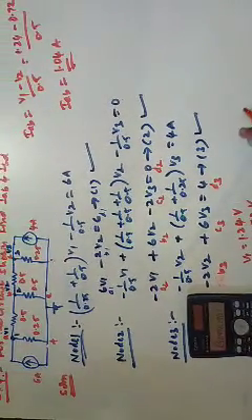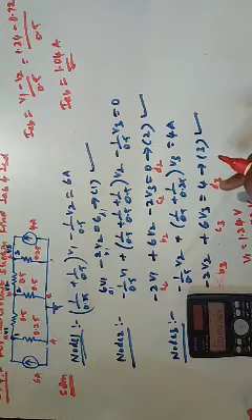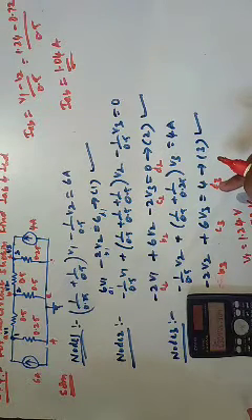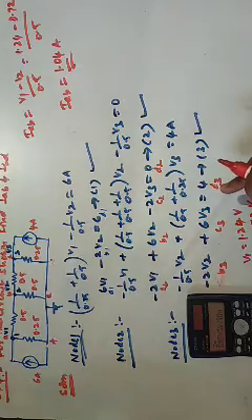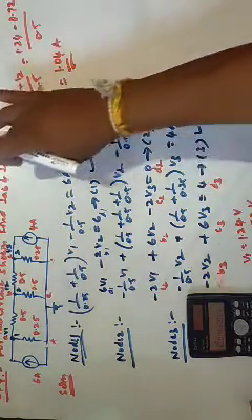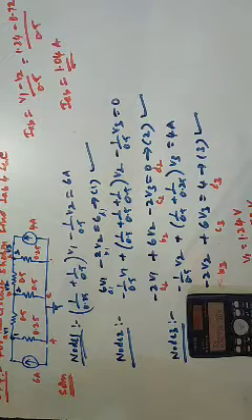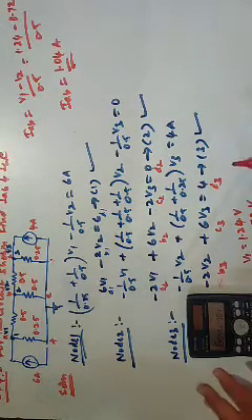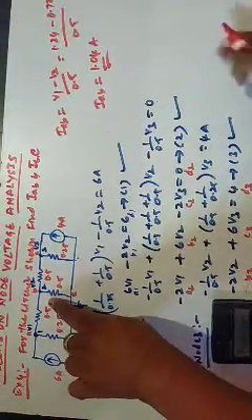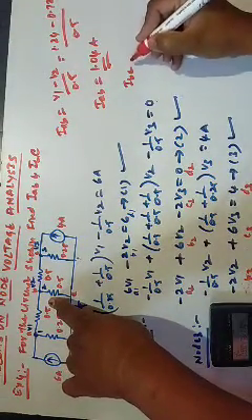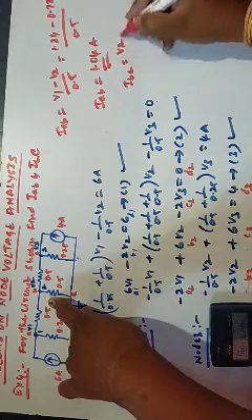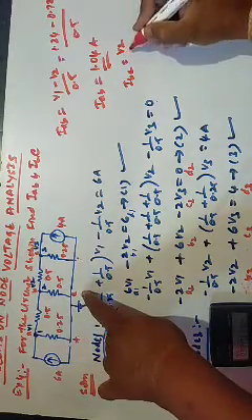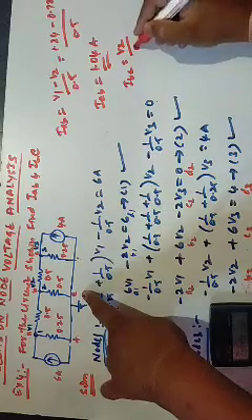Similarly, now it has been asked to find IBE. IBE is in this arm, that is V2, and this part is 0, so V2 minus 0 divided by 0.5.